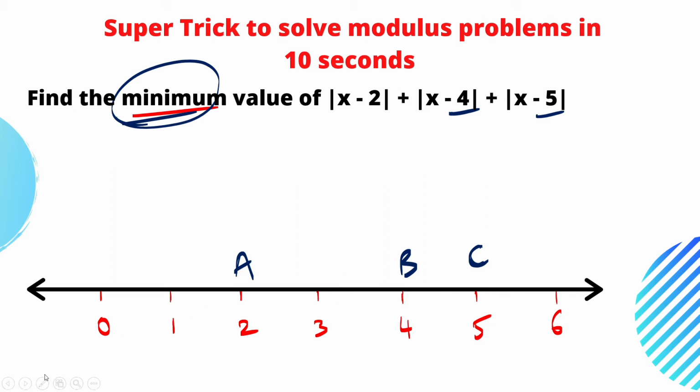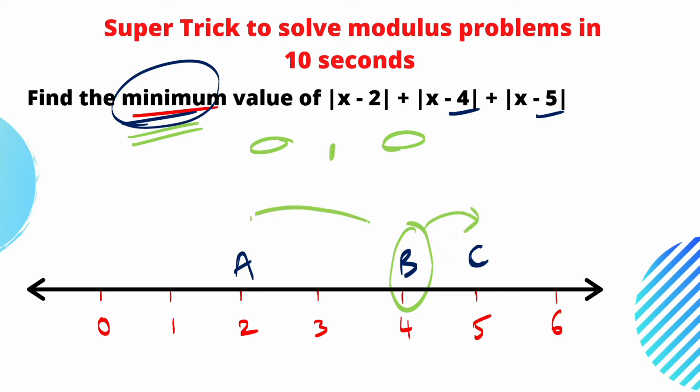Please remember one thing: whenever you are asked to find the minimum value, take the midpoint such that the total number of persons on the left hand side must be equal to the total number of persons on the right hand side. So in this case, what is the midpoint? B is the midpoint, which means 4 is the midpoint. The total number of persons on the left hand side is equal to the total number of persons on the right hand side.